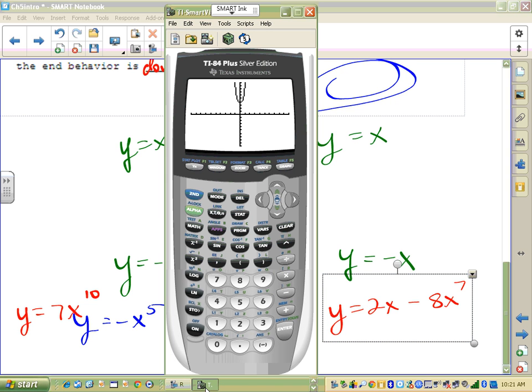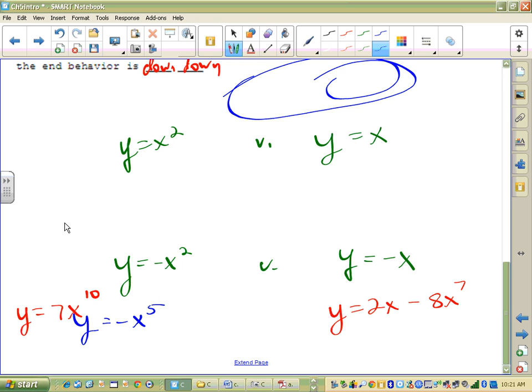And if you want to just test that theory, quickly, let's graph this. 2x minus 8x to the 7th. So this whole idea with end behavior, it really all just comes back to the leading term. And here's our end behavior, up on the left, down on the right. Just like that line would do.